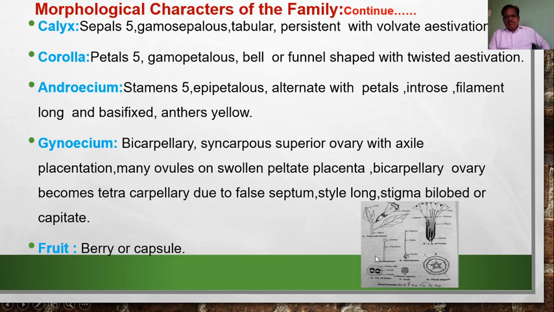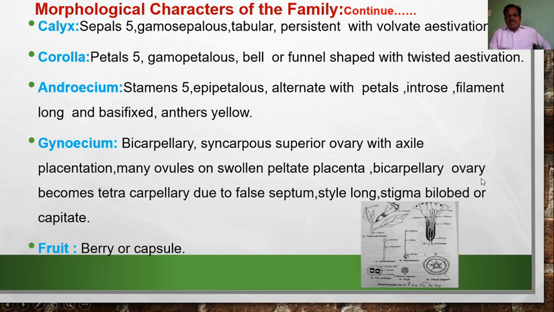Then gynoecium, bicarpellary. When we observe the TS of the ovary, it is bicarpellary, syncarpous, the carpels join to one another, superior ovary with axile placentation. Many ovules on swollen peltate placenta, that is, the placenta is swollen and on this swollen placenta many ovules are found, which later form a fruit.